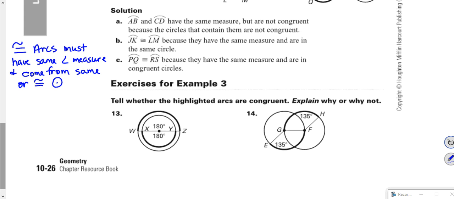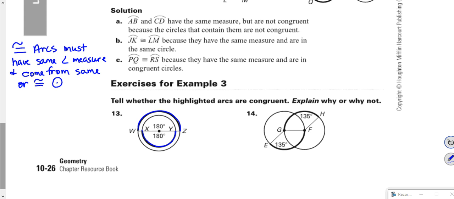So 13 and 14, tell whether the highlighted arcs are congruent. Well, you can kind of see the darkened lines here. This one, which is 180, that's a semicircle, and this one is 180, that's a semicircle. So they fit the same arc measure, but do they come from circles with the same radius?